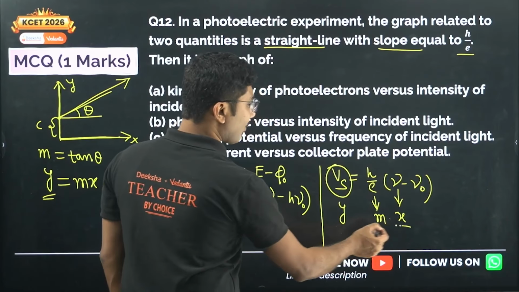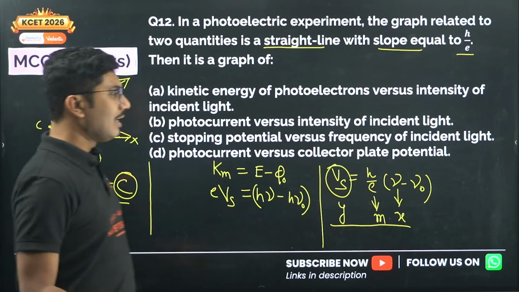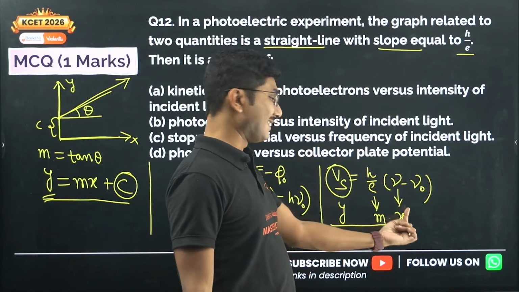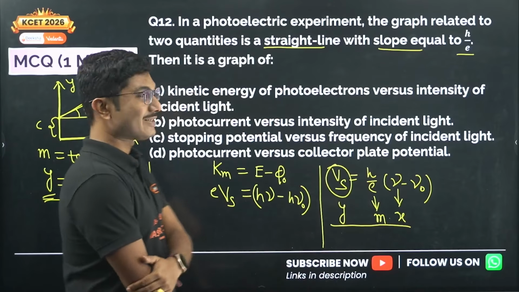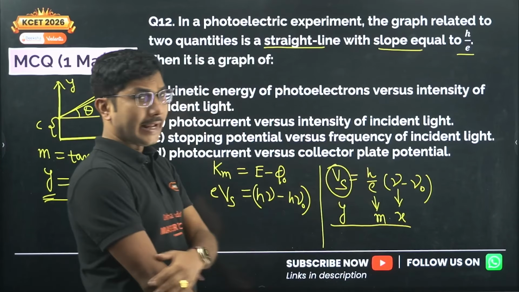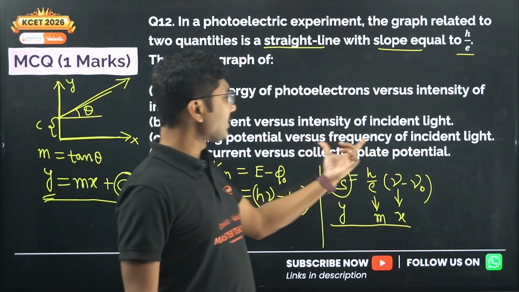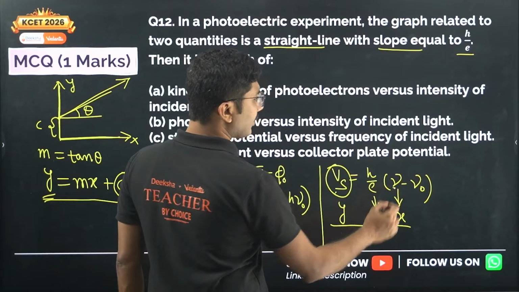So you get the y equals mx plus c equation. If you plot y versus x, that is stopping potential versus frequency, you will get a straight line with slope h upon e. So it is stopping potential versus frequency of incident light.